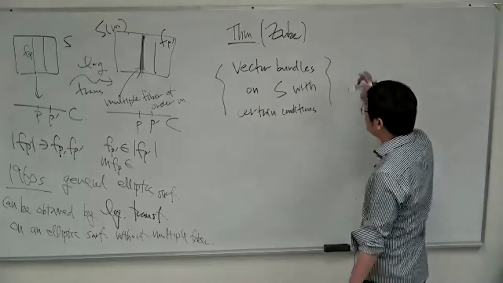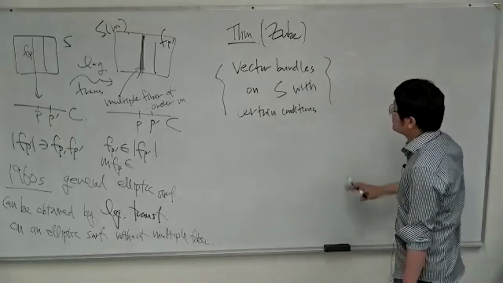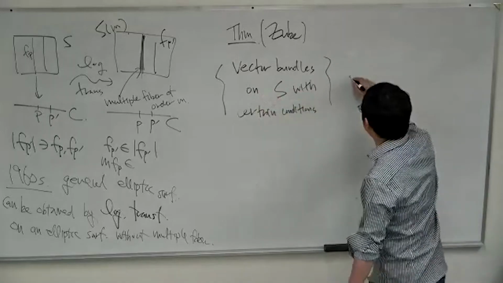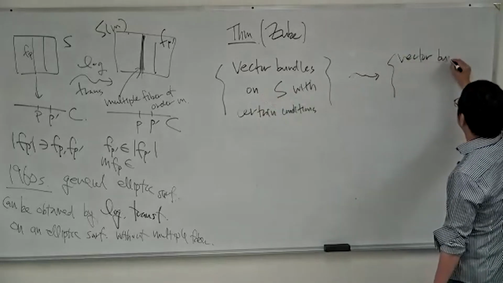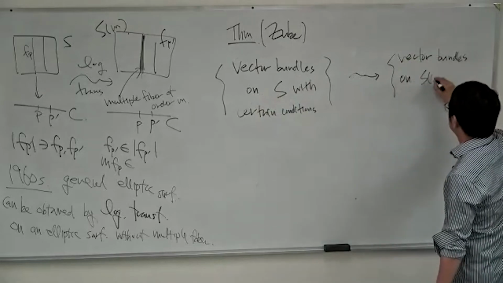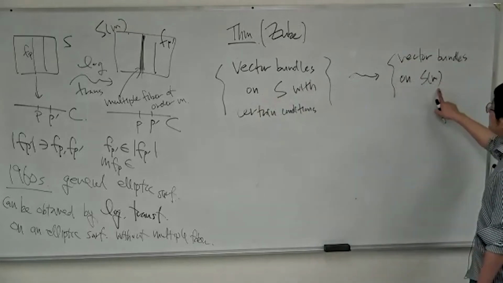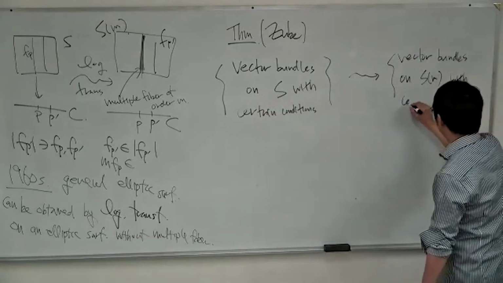He obtained a method to make a vector bundle on this surface into a new vector bundle on the surface obtained by this logarithmic transformation, again with a certain condition.